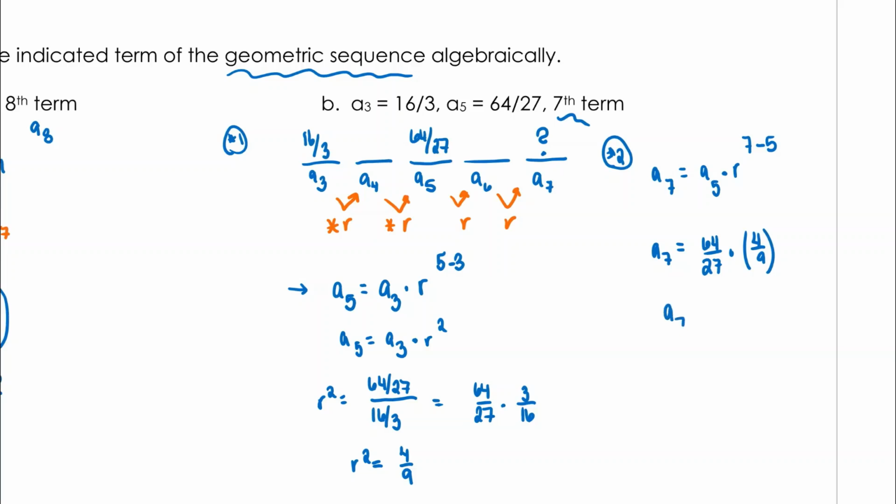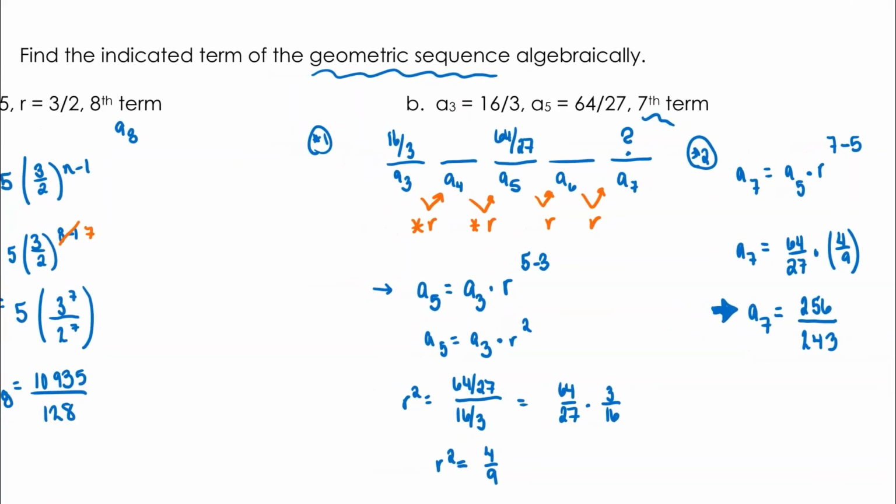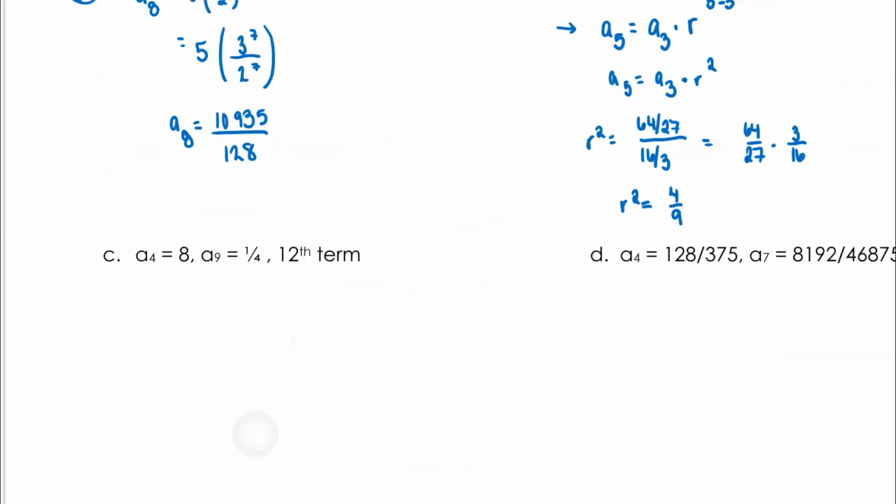And then I just do my math there, multiply those together, and I get 256 over 243, and that's my final answer here. So depending on the information that they give you, sometimes we generate the explicit formula and sometimes we don't. It just depends on what we have and what we're trying to find.